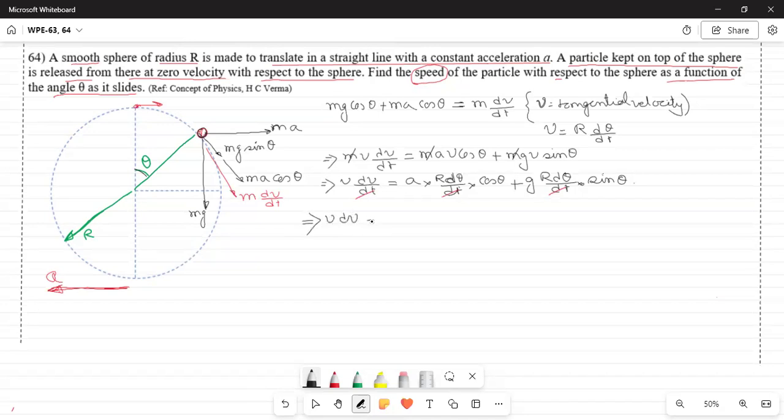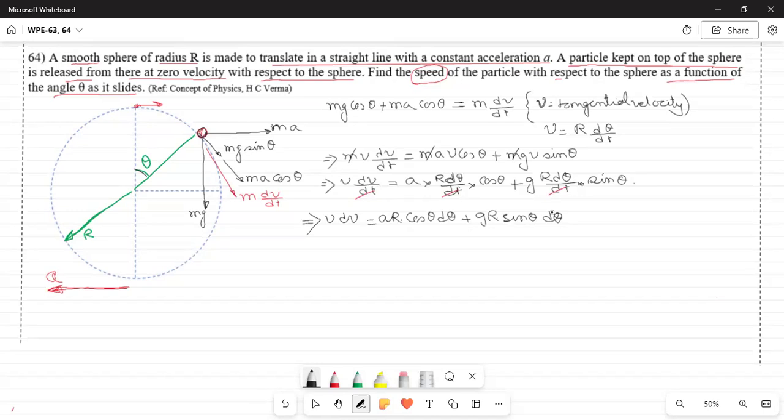dv is equal to a R cos theta d theta plus G R sin theta d theta. Why we did this? We wanted to really bring the equation on theta, right?